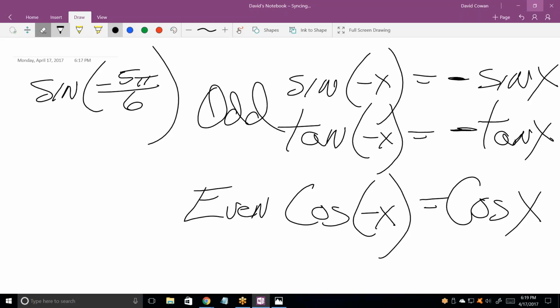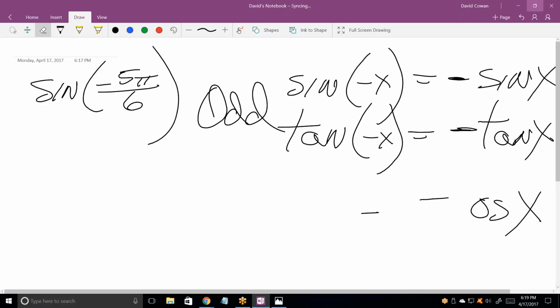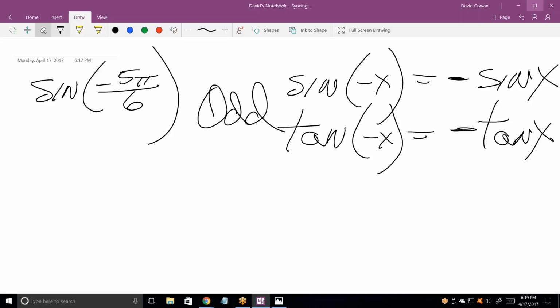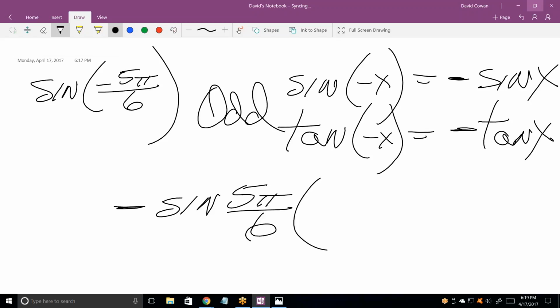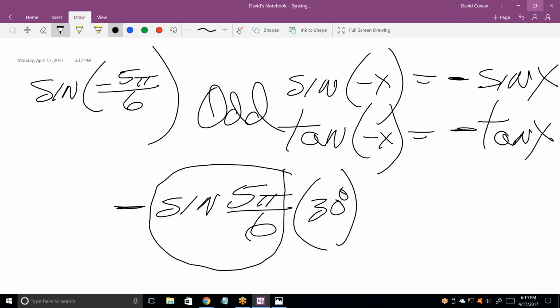Let's do that here because it does make it marginally easier. This is the same as minus the sine of 5 pi over 6. What's the reference angle? 30 degrees. Okay, what's sine of 30 degrees?